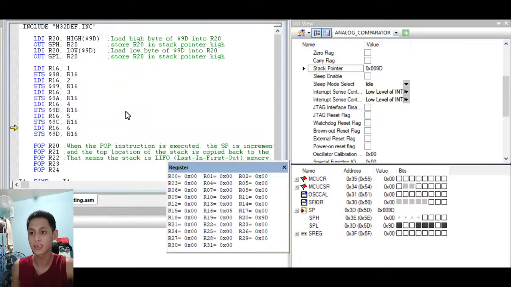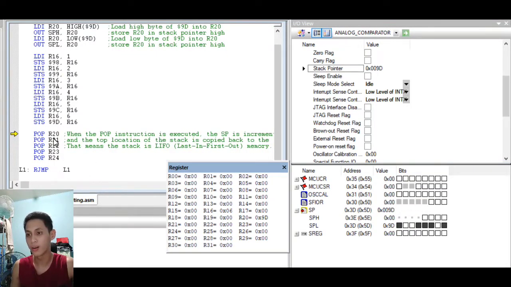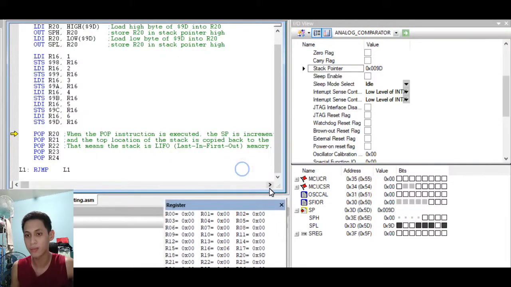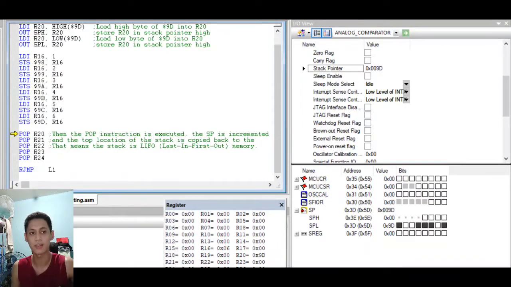9D. So we're going to pop it. When we pop the instruction, the SP is incremented. It is the opposite of the push. The top location of the stack is copied back to the register, and that means the stack is LIFO, or last in first out memory.